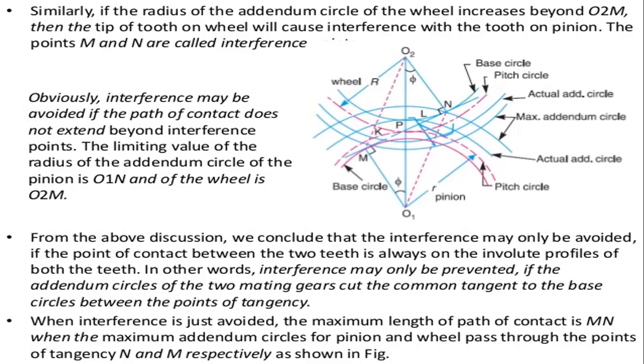So the points M and N, the tangent points, are called the interference points.